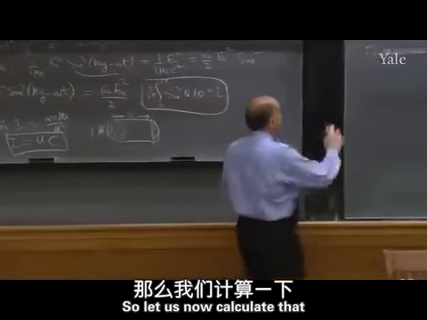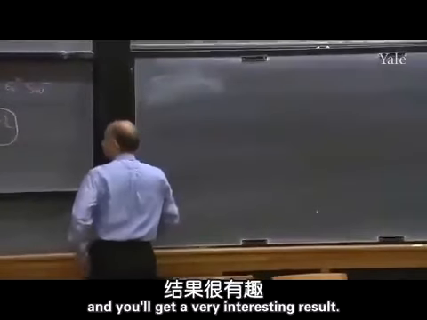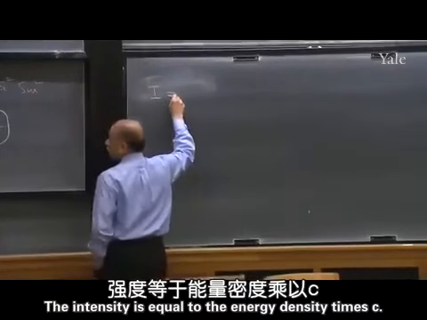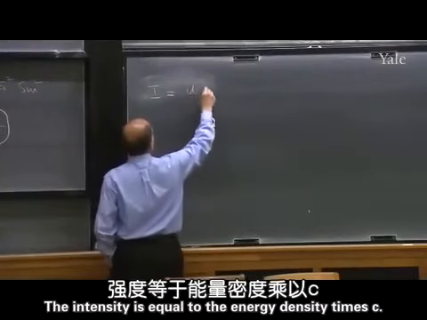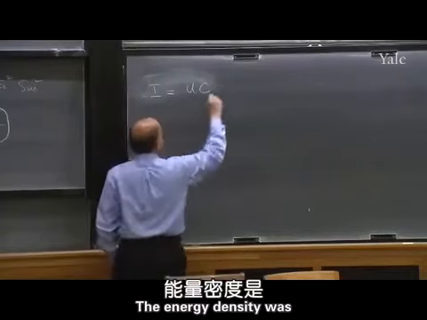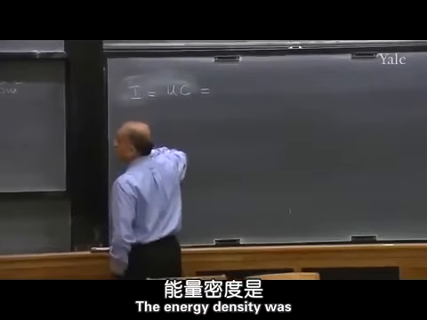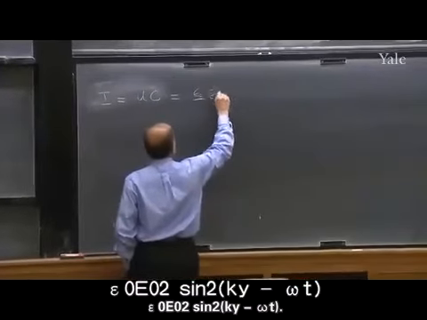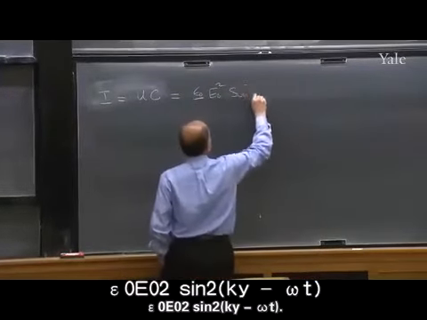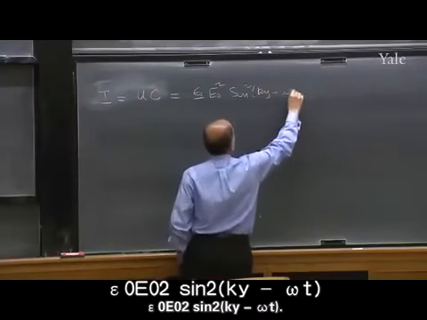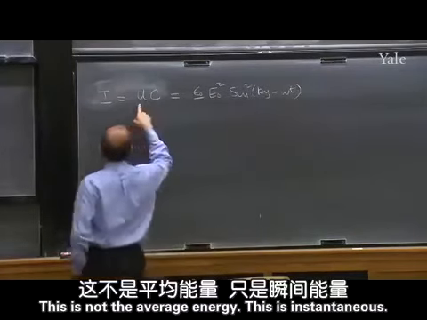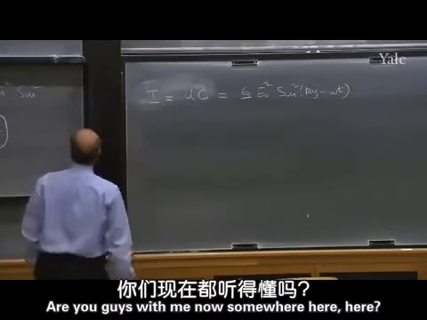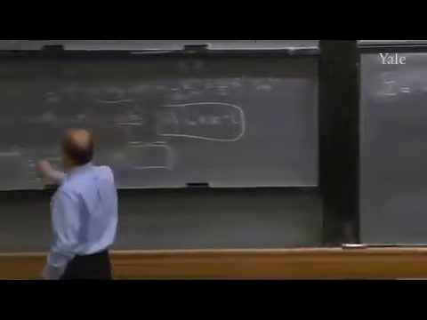So let us now calculate that, and you will get a very interesting result. The intensity is equal to the energy density times c. The energy density was epsilon 0 E0 square sine square ky minus omega t. This is not the average energy. This is instantaneous. I'll average it in a moment. You guys with me now?